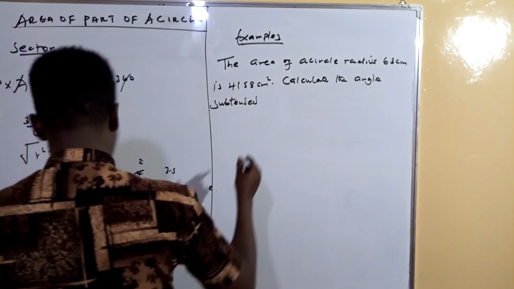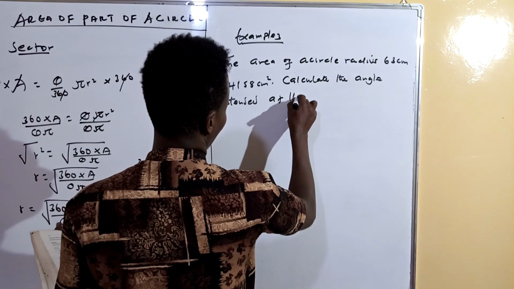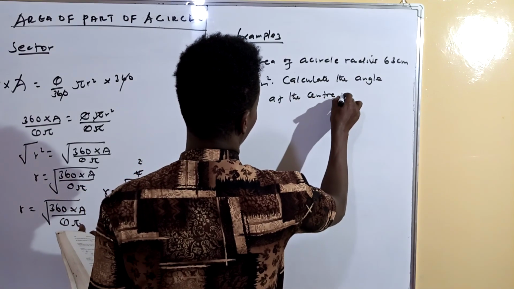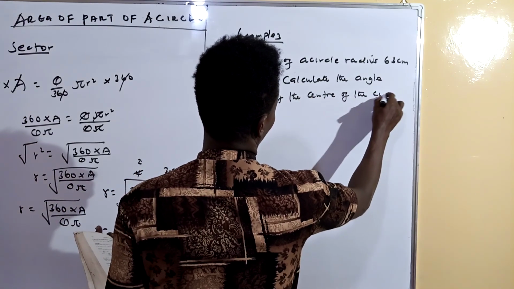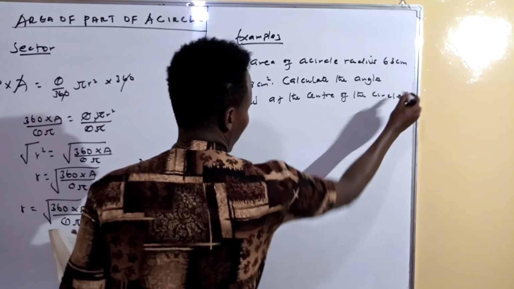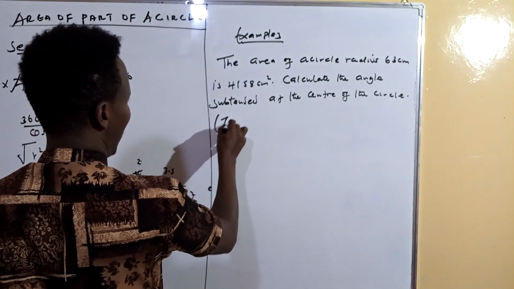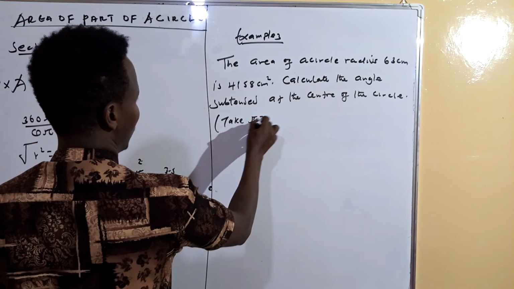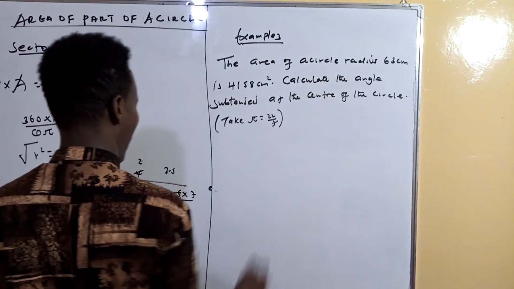Calculate the angle subtended at the center of the circle. Full stop. Then you are told to take pi as equal to 22 over 7.